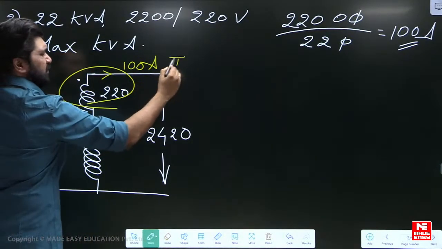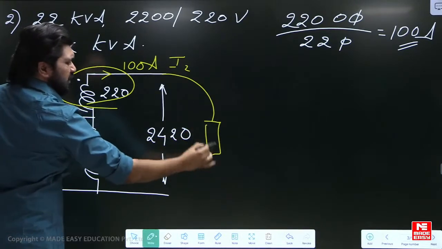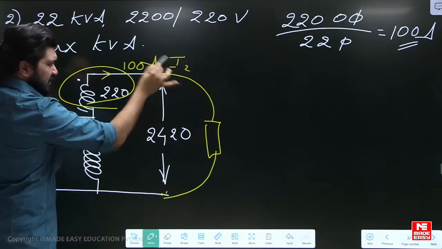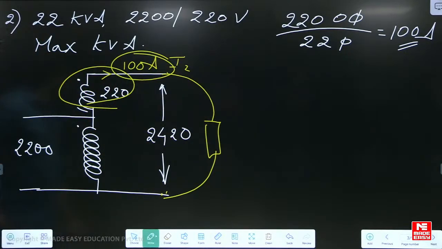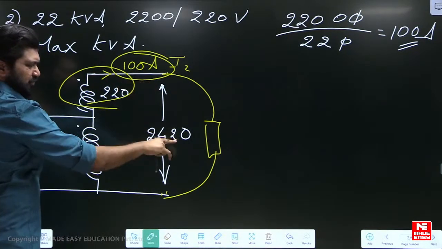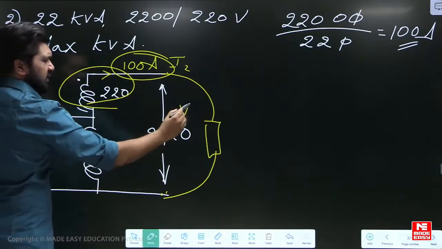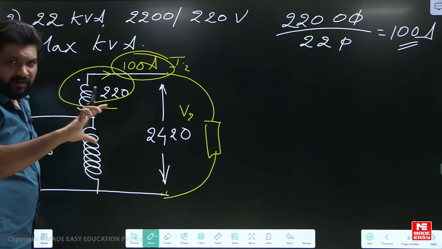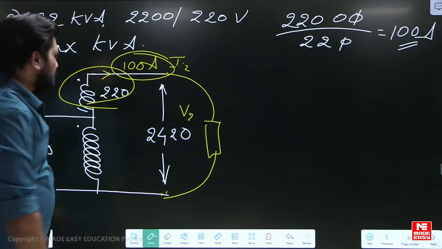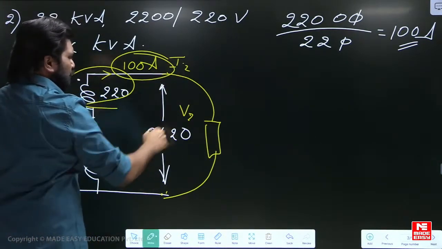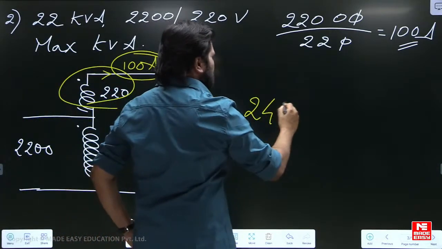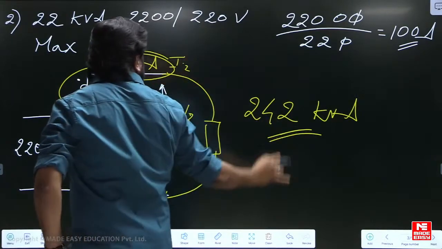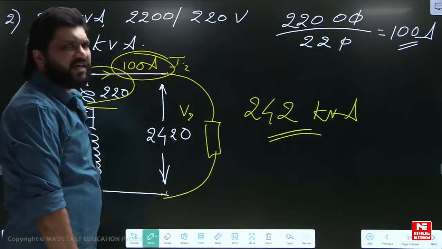I2 means if you connect a load here across these two terminals, the current you can handle is easily 100 ampere. So I2 is 100, V2 is 2420. So what is V2 I2 or V1 I1? Anything you know that? It is the kVA rating of the transformer. So V2 I2 is 242 kVA. This is the maximum possible kVA rating.